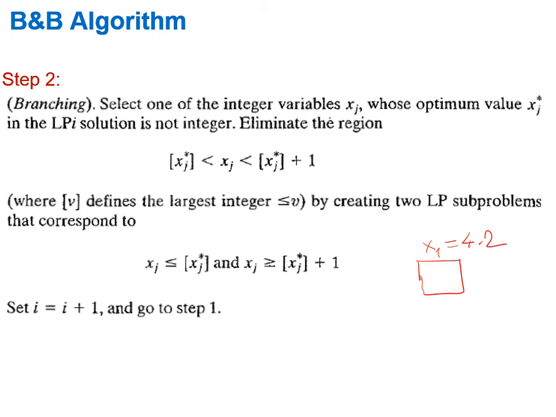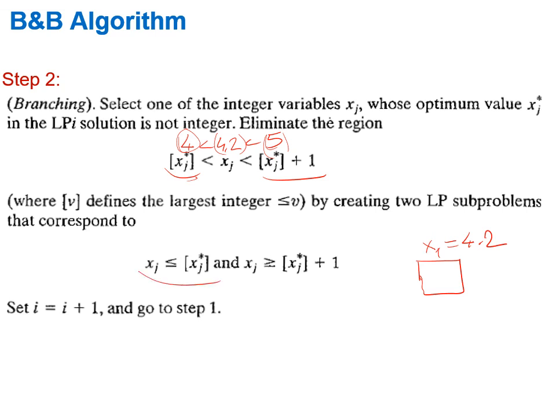Now I know that in this interval between 4 and 5, there will not be any solution. So this part simply says it. If you find 4.2 as the LP solution, between the smallest integer, 4, and the smallest integer plus 1, which is 5, in this region there will not be any integer solutions.